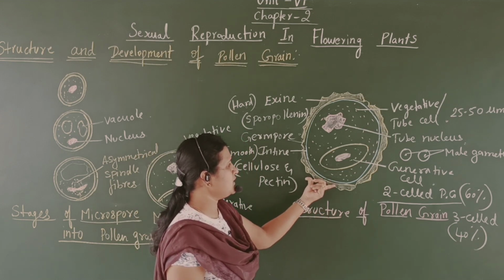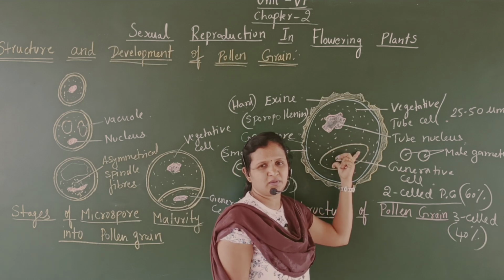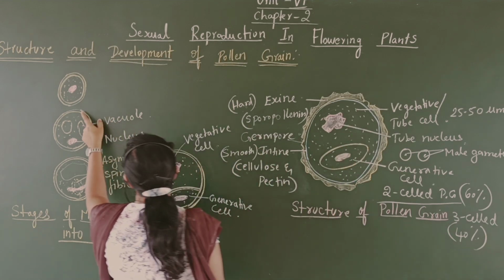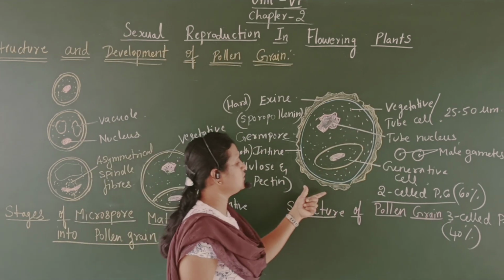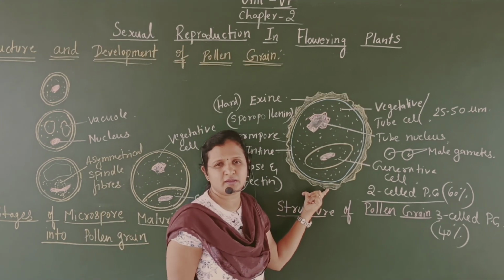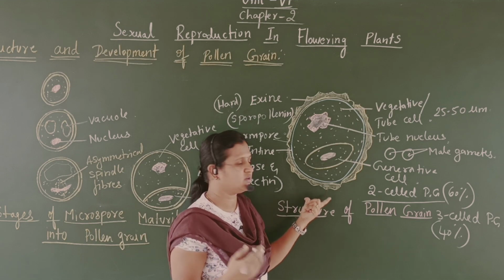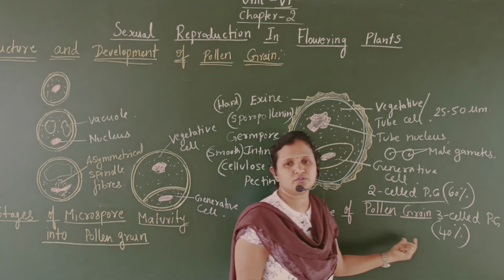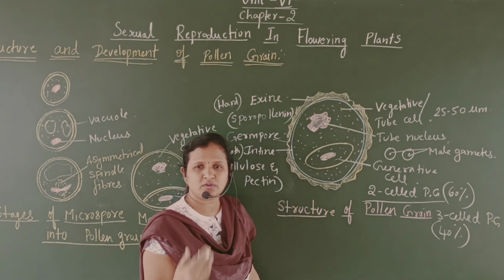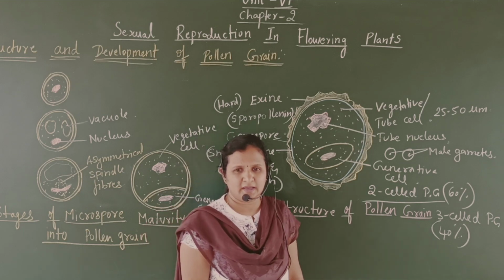With the wall layers and the changes in the cytoplasm, the microspore is converted into the pollen grain. Numerous microspores are present, so numerous pollen grains are formed, and these pollen grains are released from the anther.